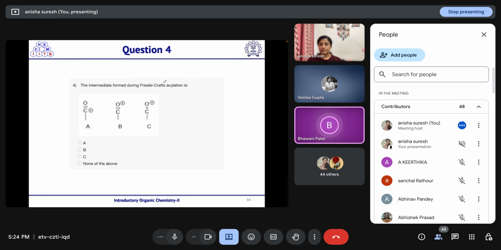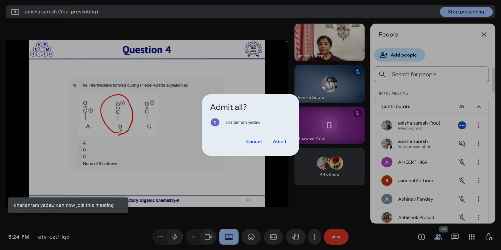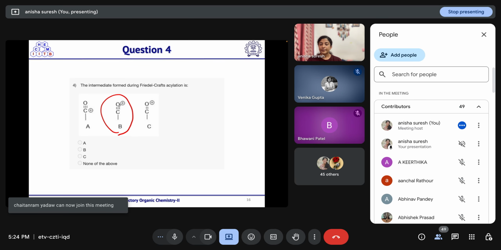Option A. Sorry, B. Option B will be the right answer. We have seen the mechanism for Friedel-Crafts acylation reaction.